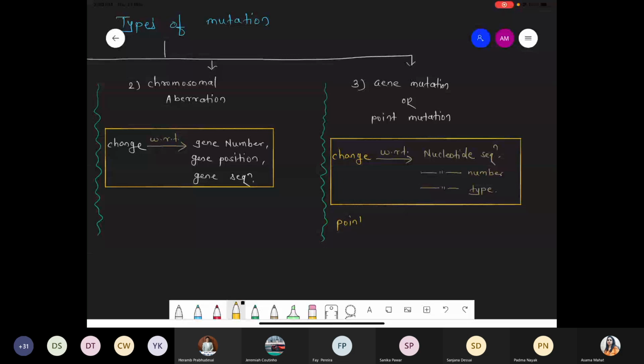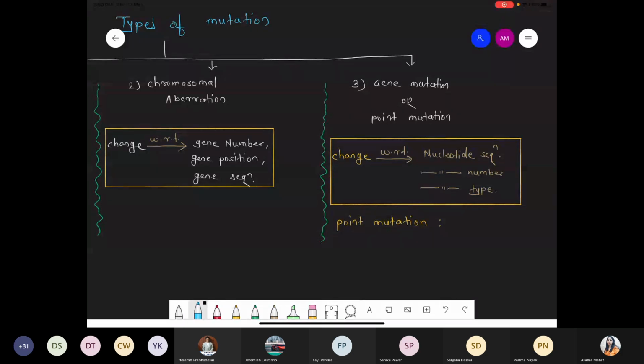Specifically, when you talk about a point mutation, what is it? There is a change with respect to only one base pair or only one nucleotide. So point means what? Maybe adenine gets faulty, maybe guanine gets faulty, maybe cytosine is faulty, maybe thymine is faulty, or sometimes AT completely faulty, that is one base pair, or maybe GC they are completely faulty.